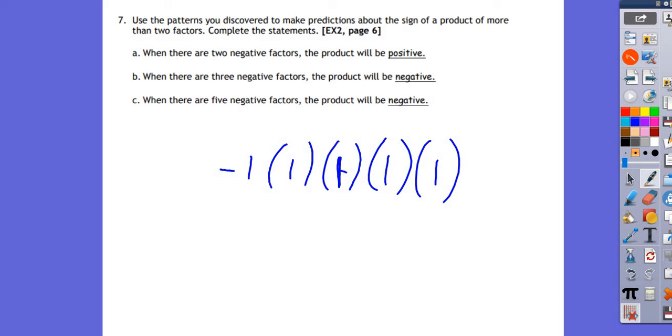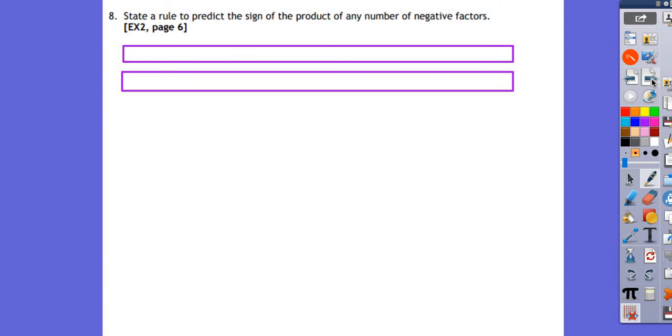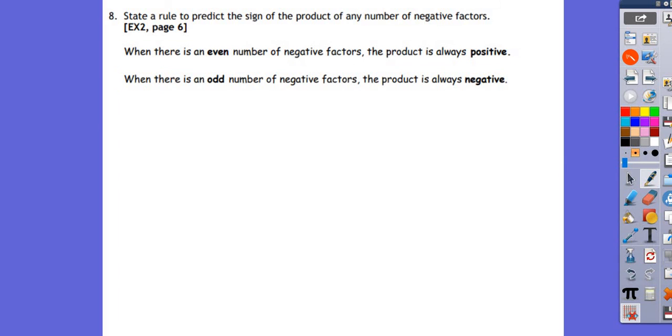When there is an even amount of negatives in our problem, our answer will be positive because all the negatives have been canceled out. When there's an odd amount of negative numbers in our problem, the answer will always be negative.